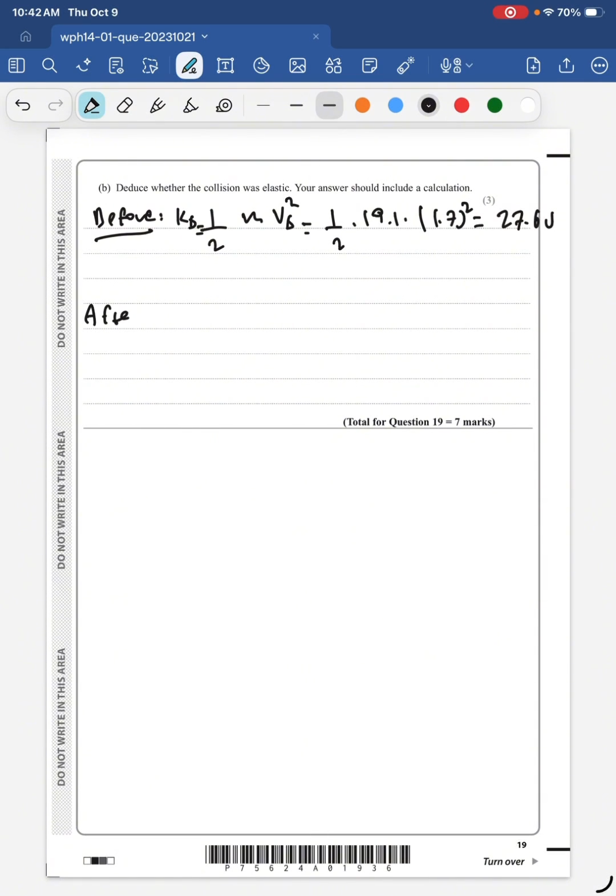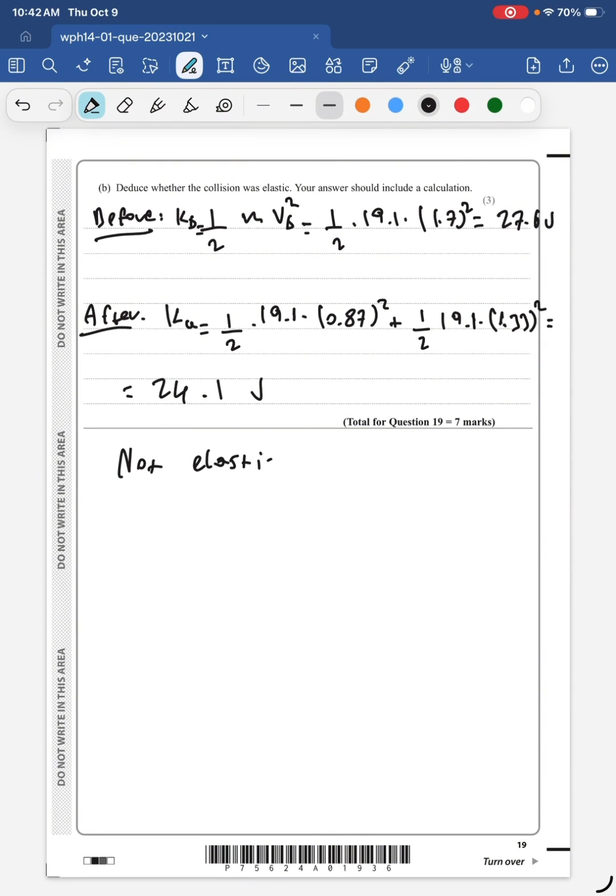And after we have both masses moving, so we have 1/2 times 19.1 times 0.87 squared plus 1/2 times 19.1 times 1.33 squared. And if we do the calculation, we find 24.1 joules. So not elastic, because some energy is lost in the collision, probably due to sound, heat, etc.